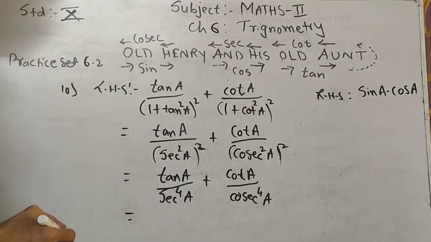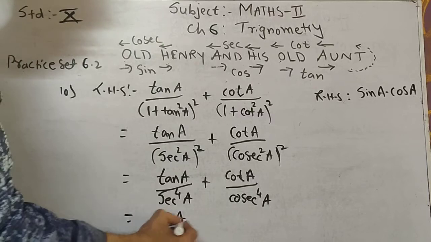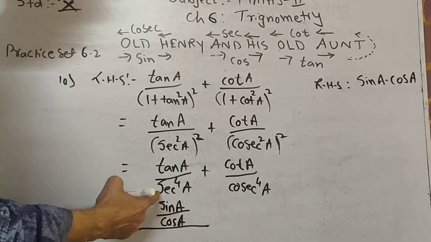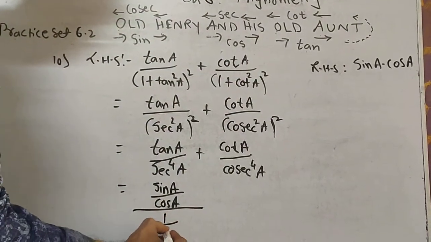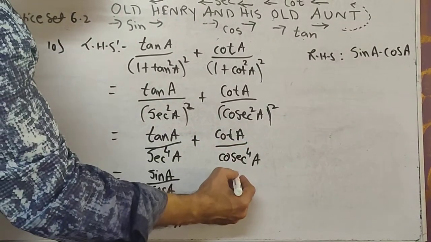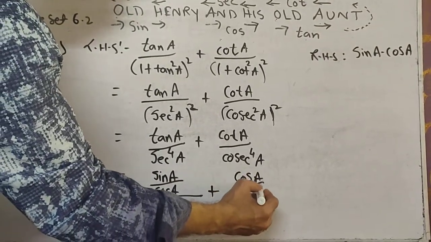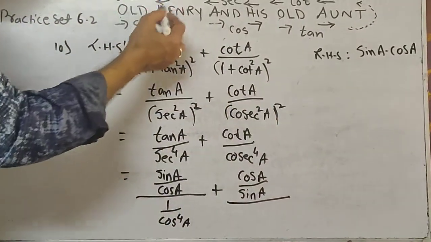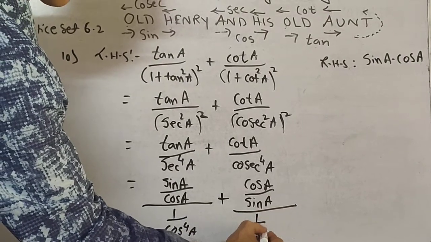Now you have to bring it in the form of sin and cos. Tan a means sin a upon cos a, upon sec, and sec means 1 upon cos, so this will become 1 upon cos 4a, plus cot a means cos a upon sin a, upon cosec a. Cosec means 1 upon sin, so 1 upon sin 4a.